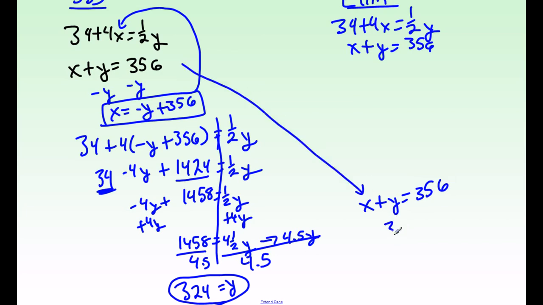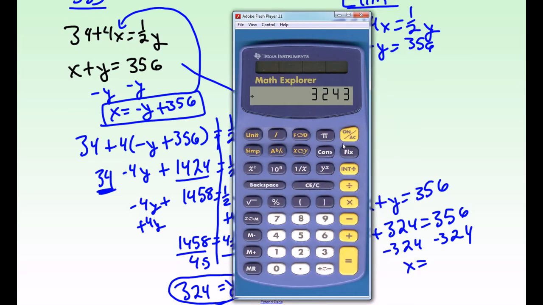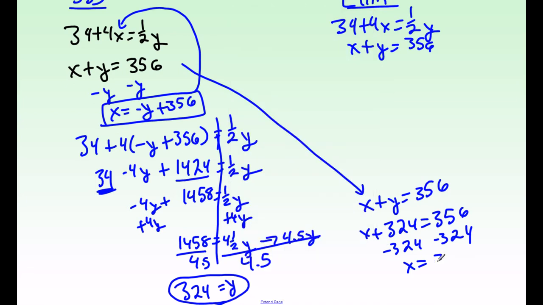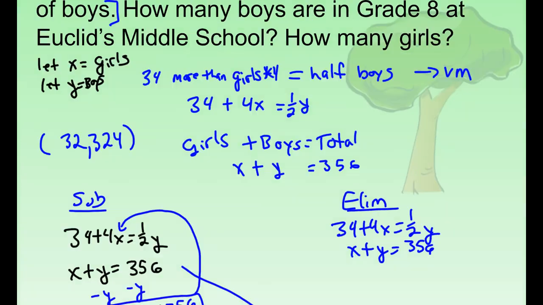And if the y is 324, to get to 356, we're going to subtract 324 from both sides. X equals, let's see, 356 minus 324, it's 32. There are only 32 girls in Euclid's middle school in 8th grade and 324 boys.